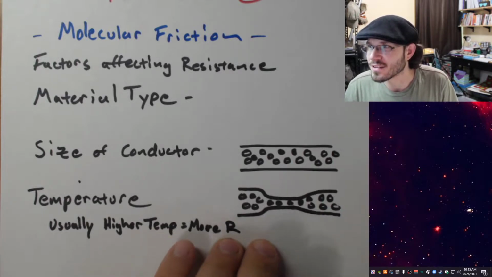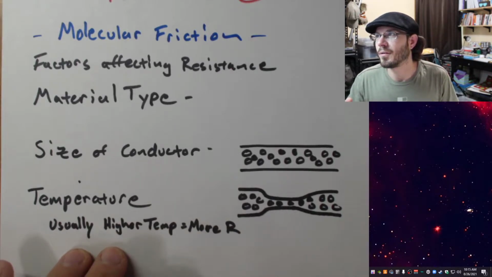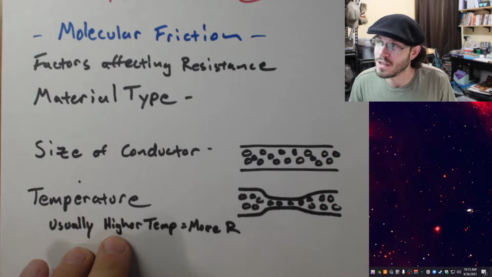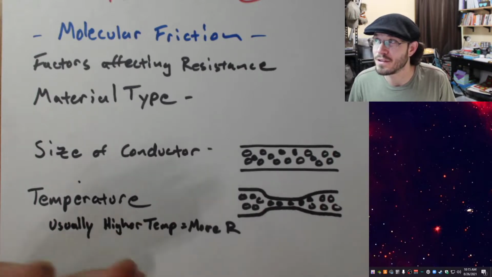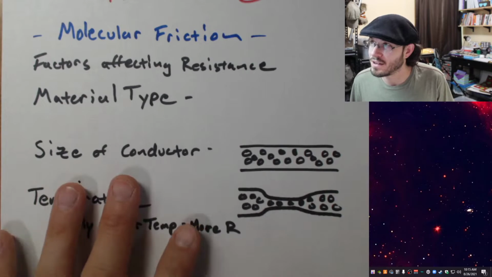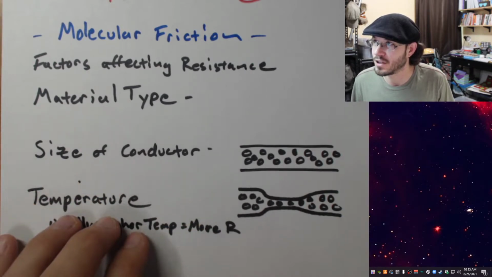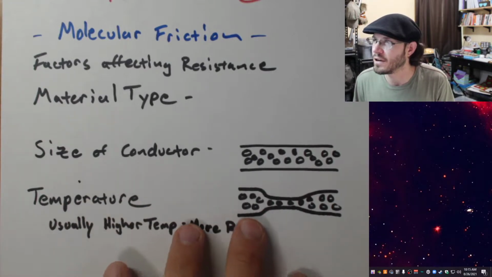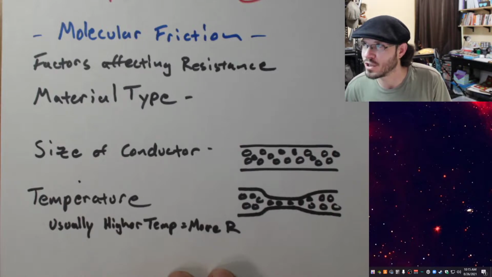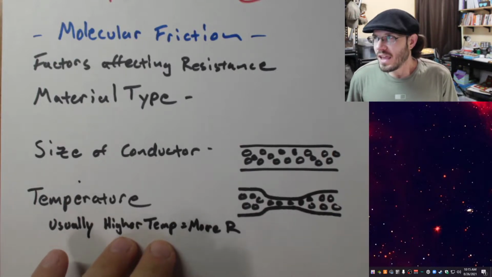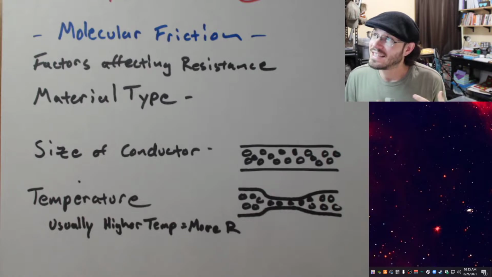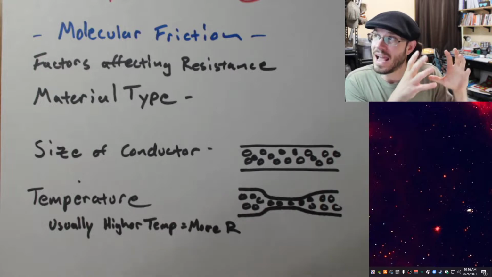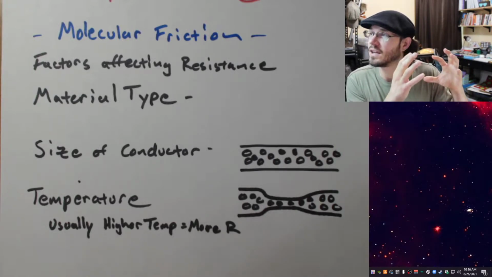Somebody usually asks, well, why with some materials does lower temperature equal more resistance? And this is very true. We actually have positive temperature coefficient materials and negative temperature coefficient materials. If you have something like a semiconductor, which is on the verge of being conductive, but naturally does not really want to be conductive, right?